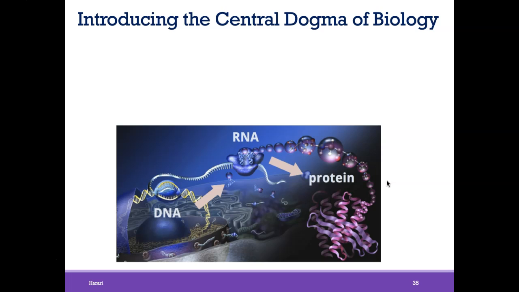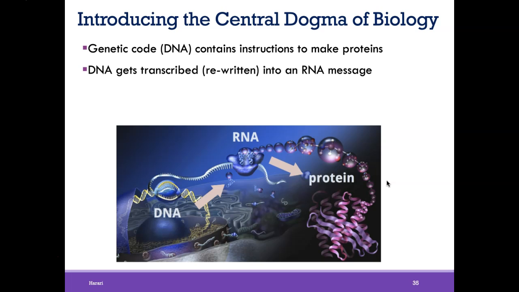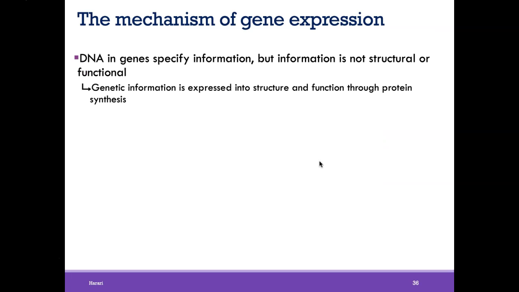The central dogma of biology states the following. Genetic code in the form of DNA has instructions to make proteins. The DNA instructions get transcribed or rewritten into an RNA message first, and then the ribosomes make proteins using that RNA message. That's what the central dogma of biology states.